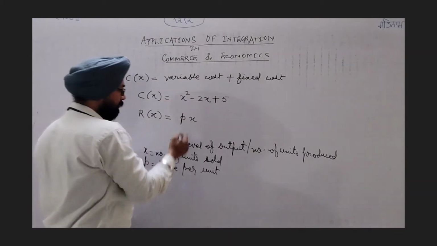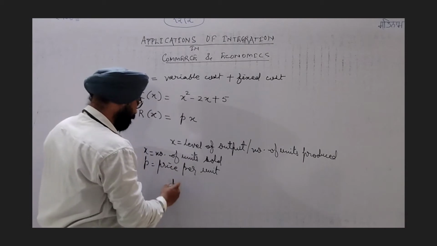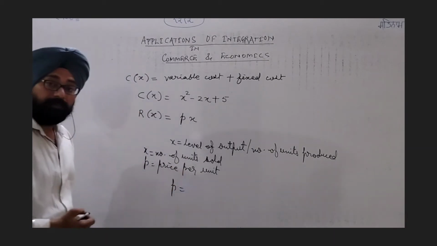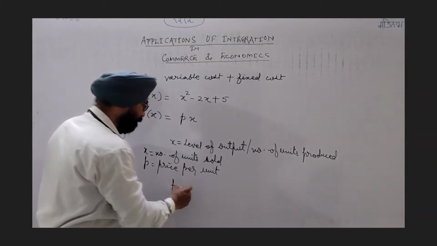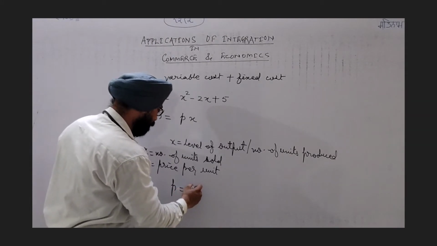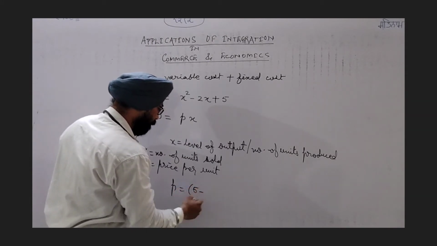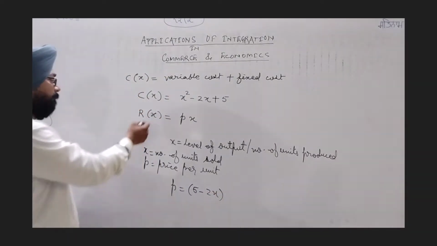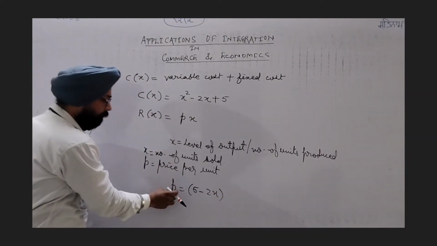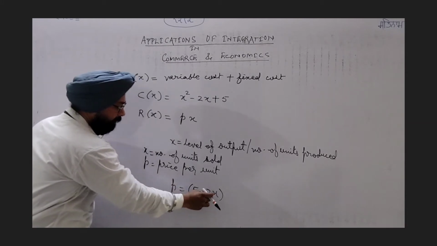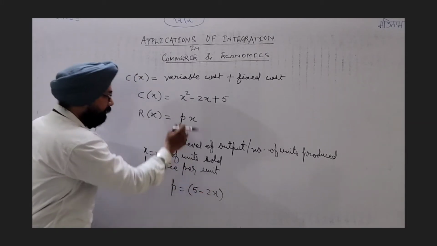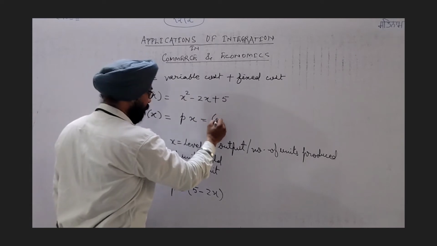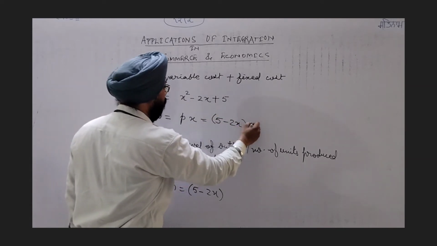And finally this P, price per unit, is always expressed in terms of x. 5 minus 2x suppose I write. So finally if I want to find the revenue function, this value of P in terms of x can be substituted here and we will find (5 minus 2x) multiplied by x.